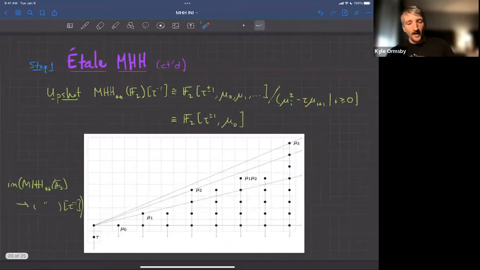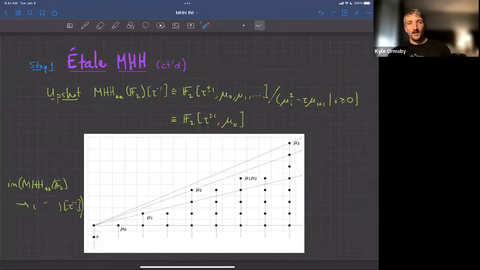Okay, and that gives us the computation, because we just said that this is polynomial along with this relation, but tau is invertible, so we can solve for all of the higher mu_i's, or just have a polynomial algebra on mu_0 adjoin this Laurent generator tau.